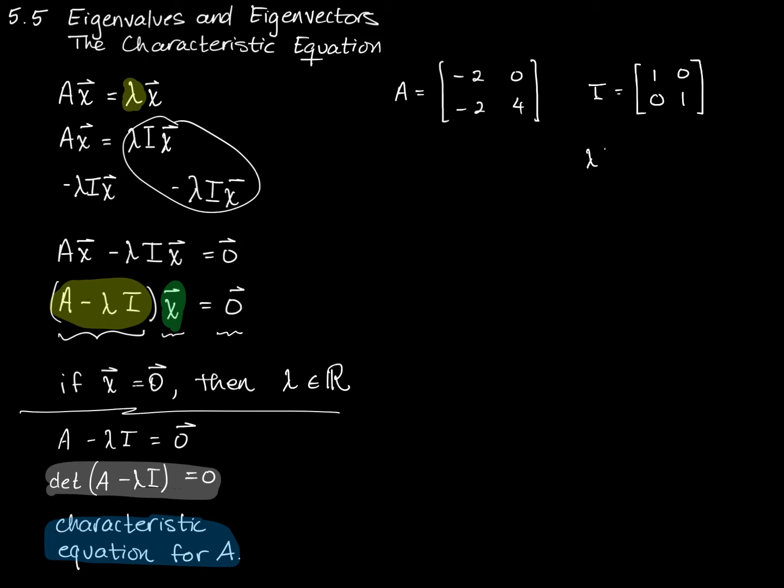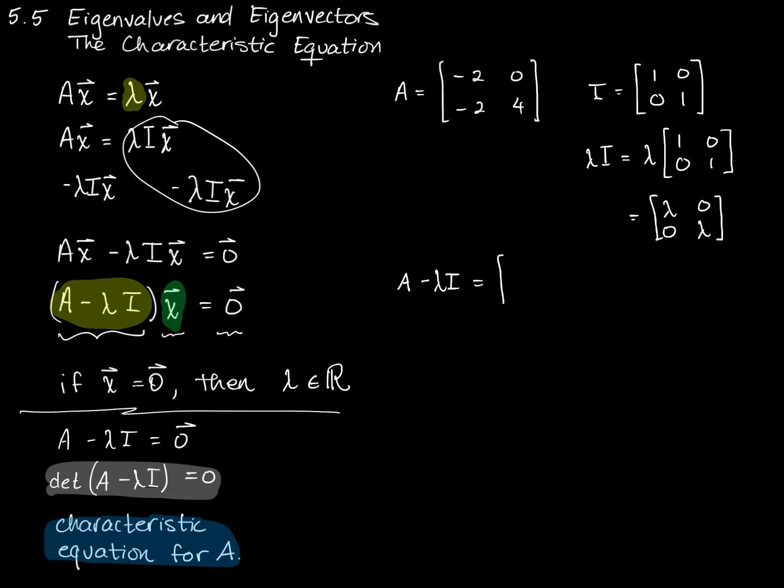And when I multiply lambda by I, lambda is just a scalar, I get this matrix. That's my lambda I.